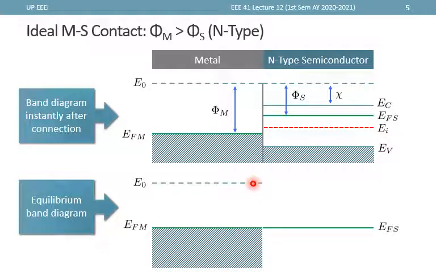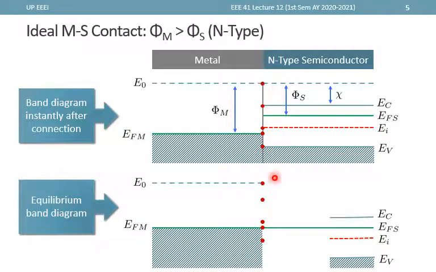Now, what happens to the semiconductor side? We note that first, E naught is here from the metal, and chi must be constant for the semiconductor. And chi indicates the energy difference between E naught and EC. Therefore, if we know that E naught is here, then EC must be here by the same distance chi.